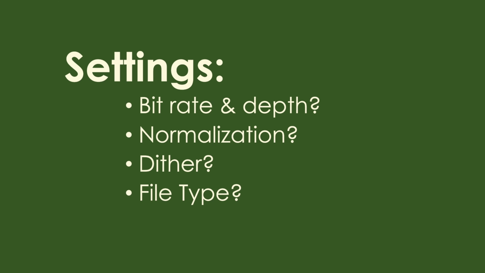And I want to help you remember these settings as well. So maintain the same bit depth and bit rate of your project. Deselect or turn off the normalization option, turn off the dithering option, and choose either a WAV or a FLAC file or both. And then after that, you're ready to export, and you want to choose the file name that you've got.